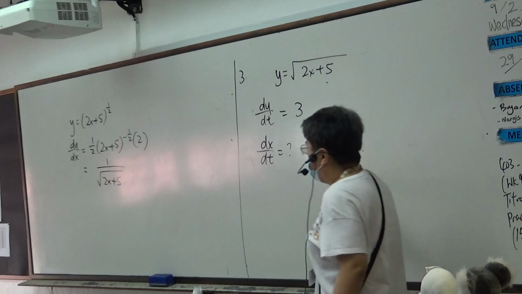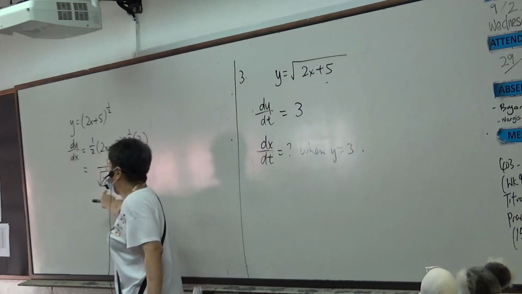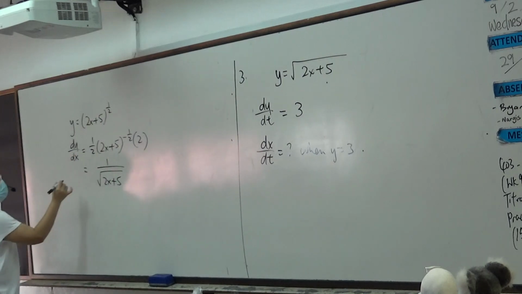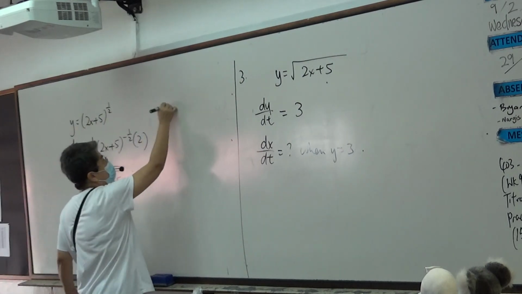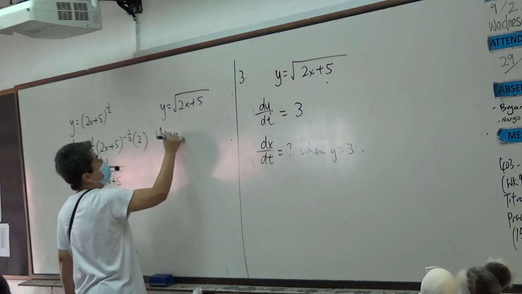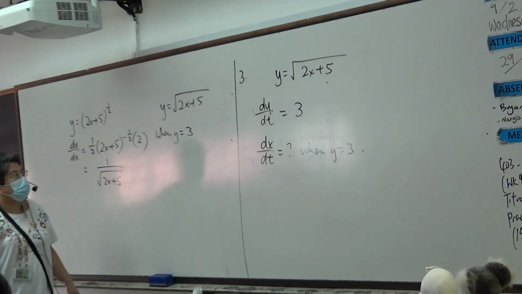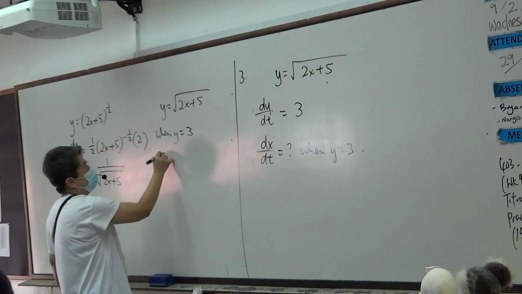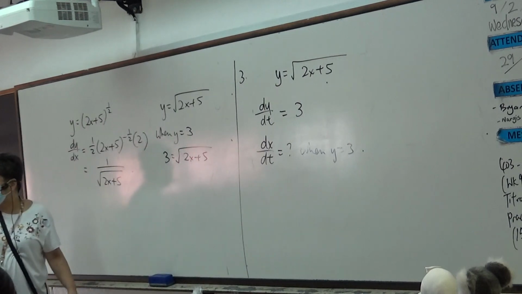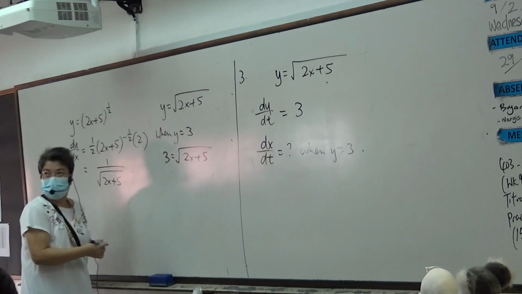Now, when y is 3, this is not y, right? This is x. You know that y is square root of 2x plus 5. When y is 3, what do I get? Correct or not?